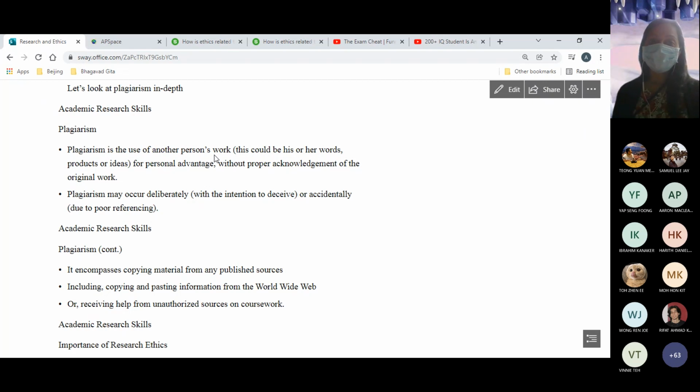Okay, so there is a big misconception about plagiarism among students. So I really hope that it is clear now. It doesn't mean you copy and cite somebody entirely. You cannot consider that as non-plagiarism. Okay.